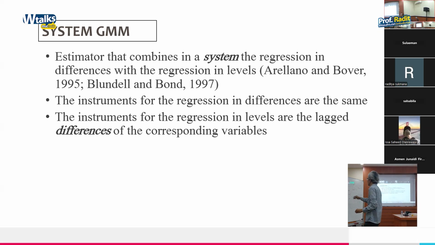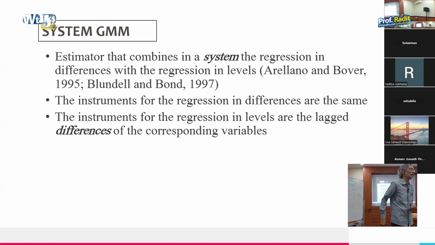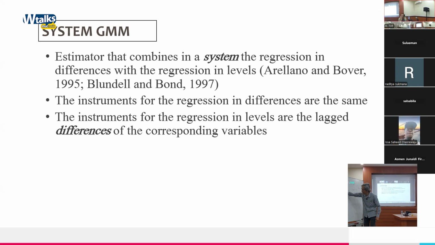Because if I have an Islamic bank dummy, which remains the same, if I take the first difference, what happens? Go to 0. But if that dummy variable is my key variable, I cannot run them. But system GMM allows you to maintain this. Why? Because you still have the level equation that has IB in there, not filtered out, right? So system GMM helps you in that context.